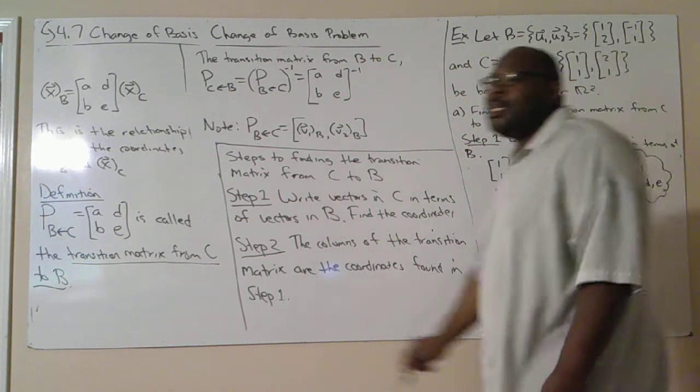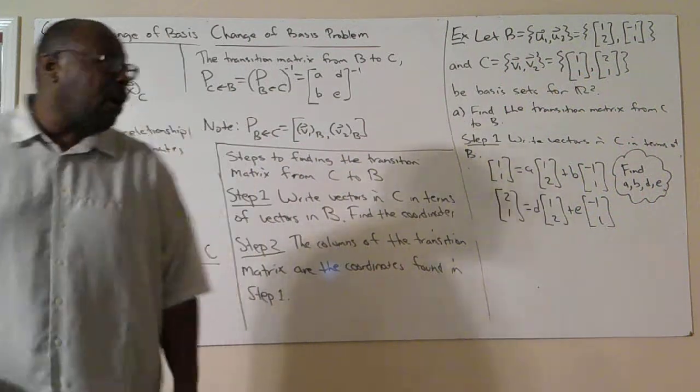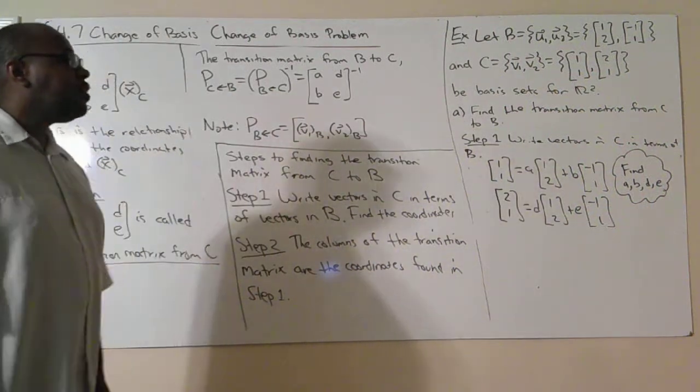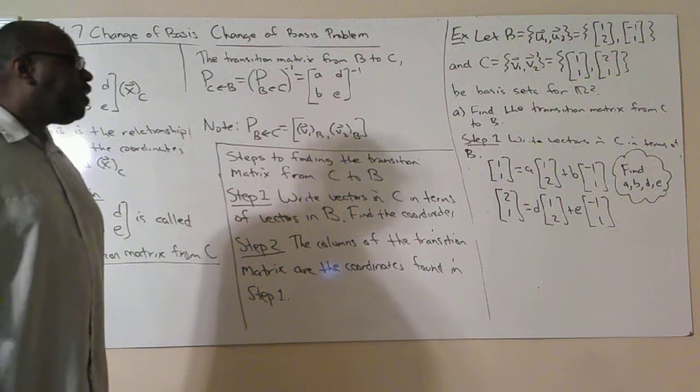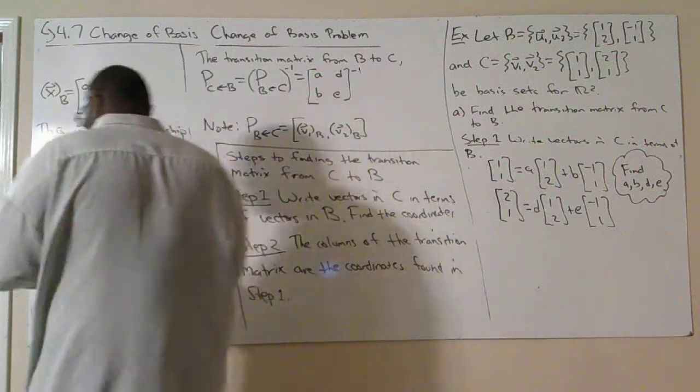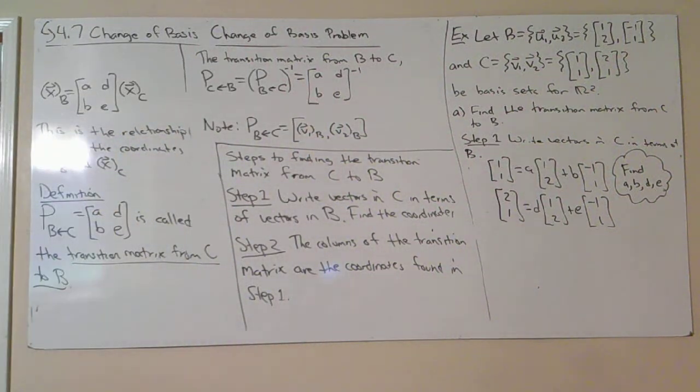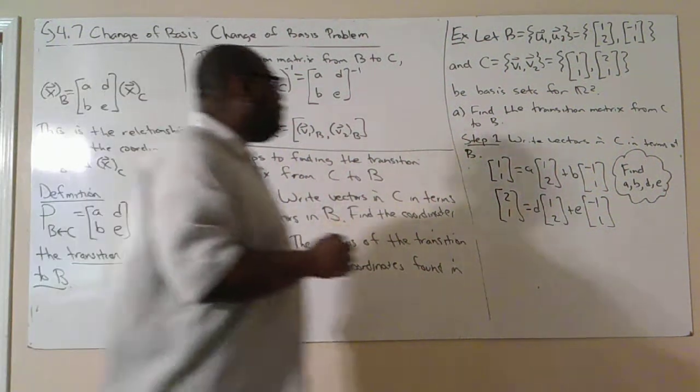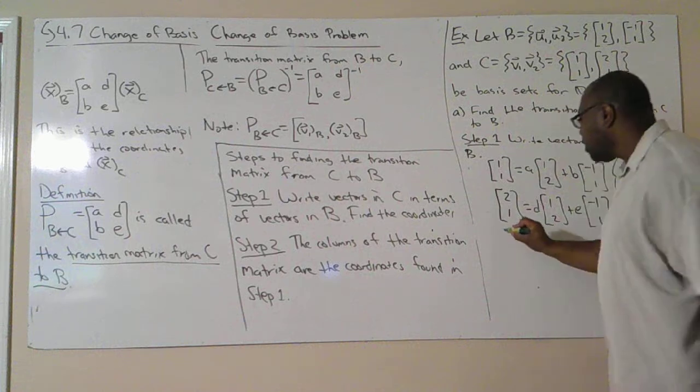Well, you know how to do this, right? We've done this type of problem multiple times. This is just a system of equations. I'm just going to show you how the first one would look if you toss this into your calculator.